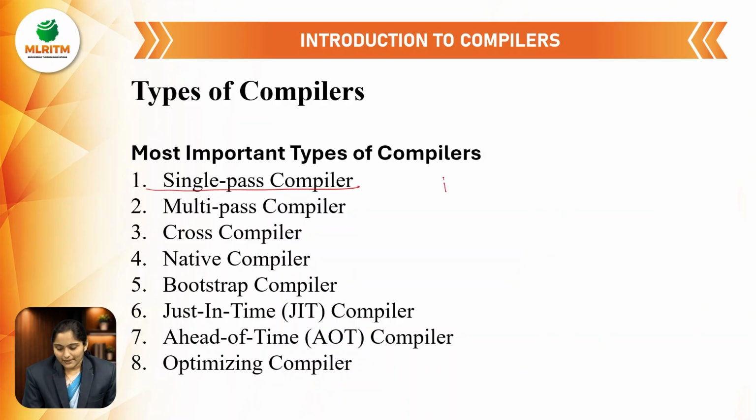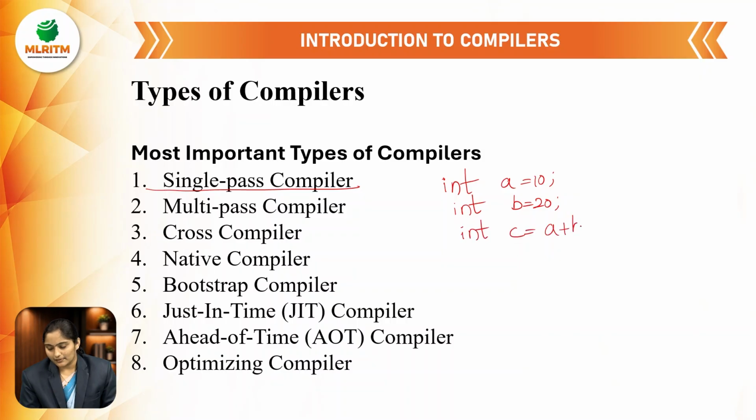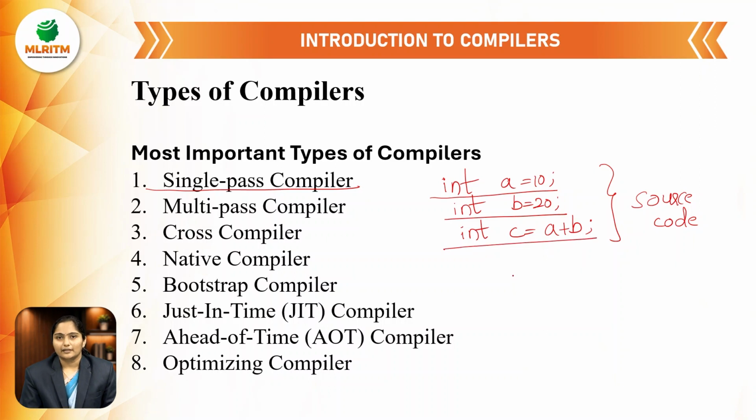Let's take a simple example: int a = 10, int b = 20, and int c = a + b. Assume this is the source code. The compiler first reads the first line, then the second line, and then the third line, and it never goes back to check the previous lines. This is a single pass compiler.